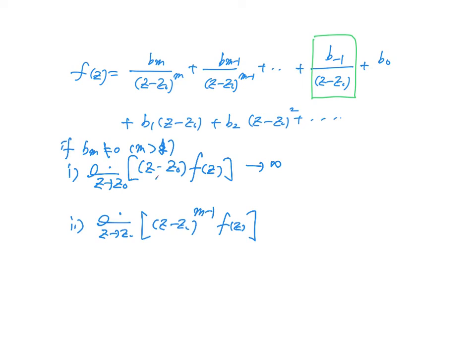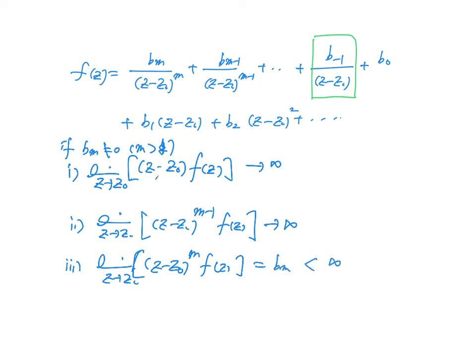Here we have z minus z naught in the denominator, and it goes to infinity, right? If you multiply f z by z minus z naught to the m, and you set z equal to z naught, you have Bm, right?